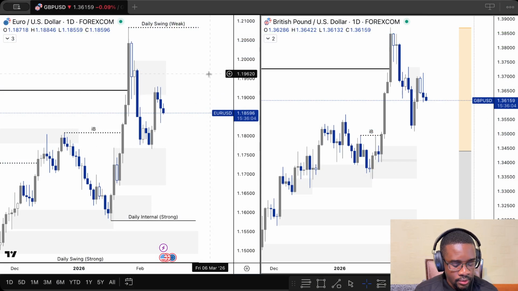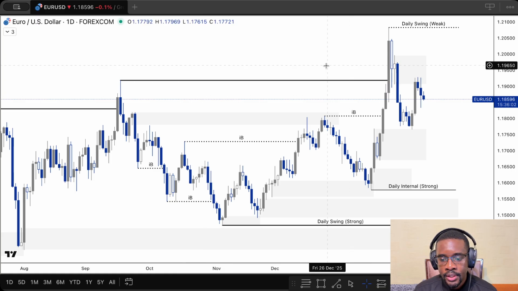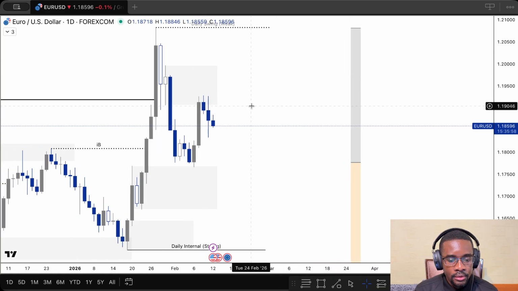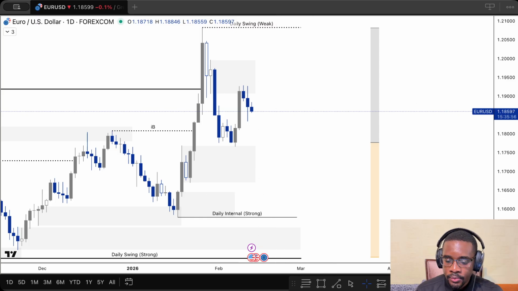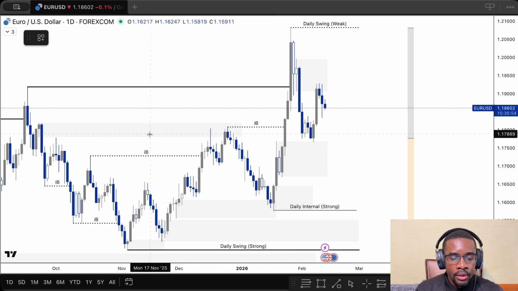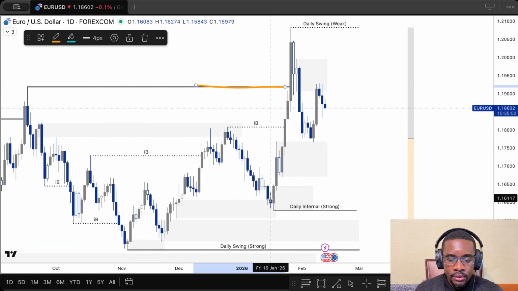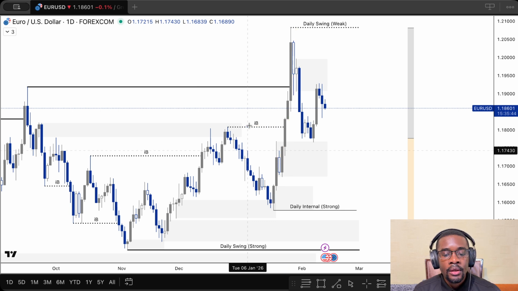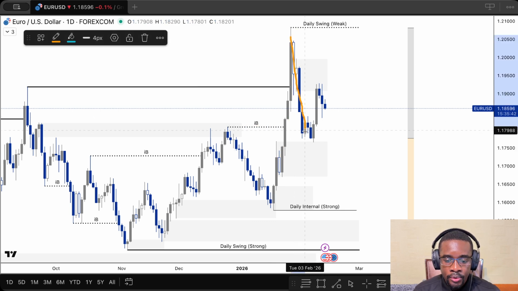Starting with the Euro USD, this is the structure we have. We are bullish, swing and internal are bullish, and we were in a pullback.